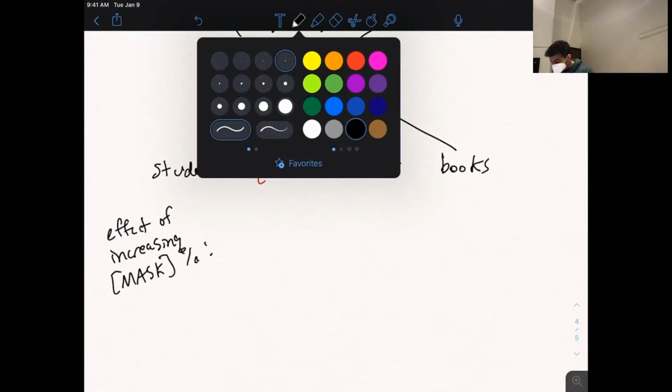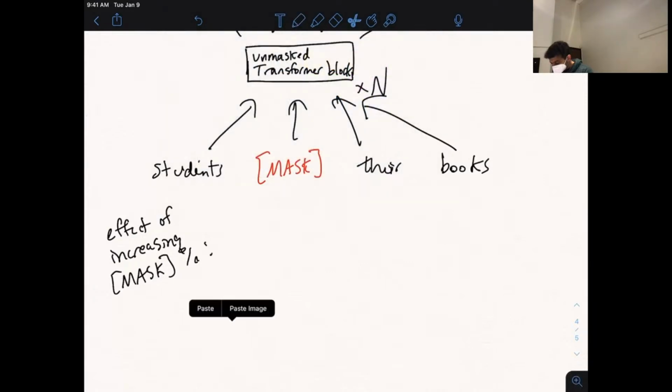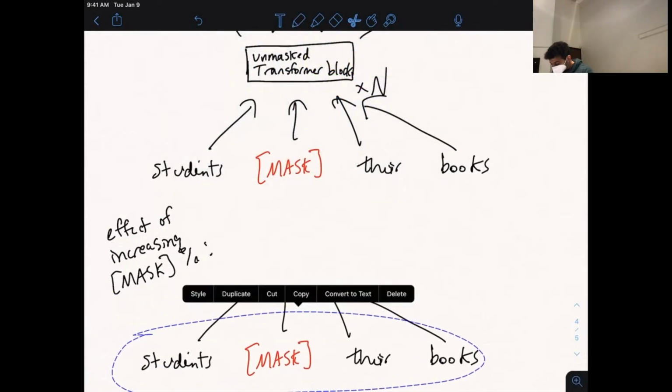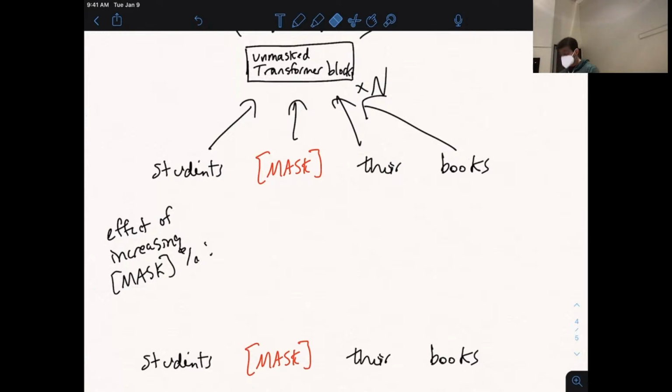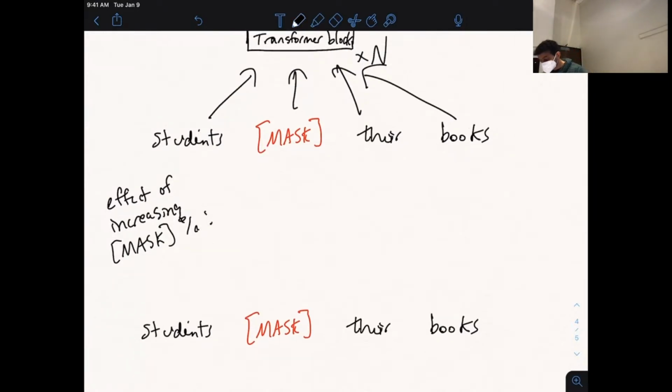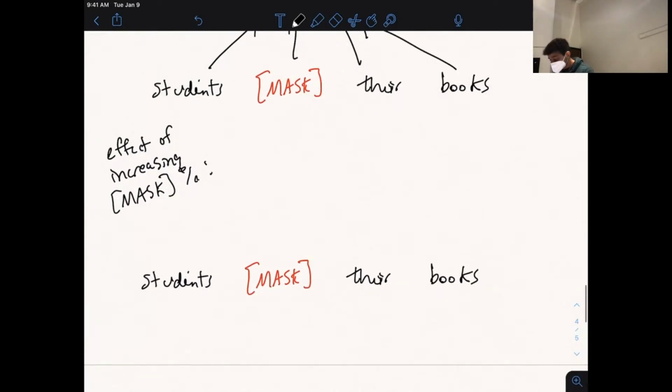I can have this sequence, "students mask their books", in which only one of the input tokens is masked. In this case, I have complete knowledge of all of the other words in the context, right? So this is like the best case scenario. The model has as much information as it possibly can to predict what goes into this mask.